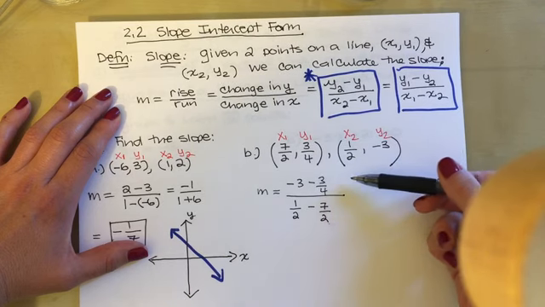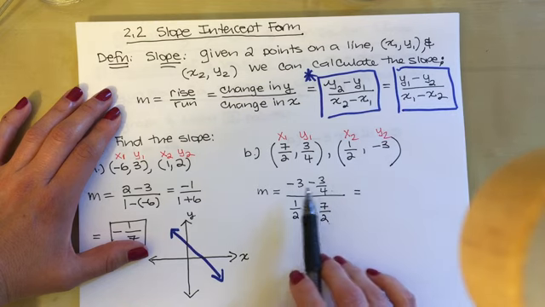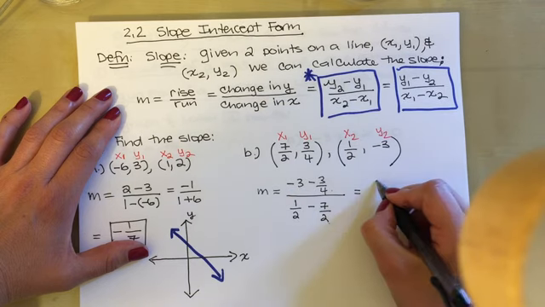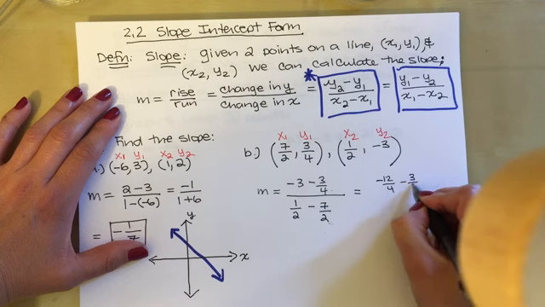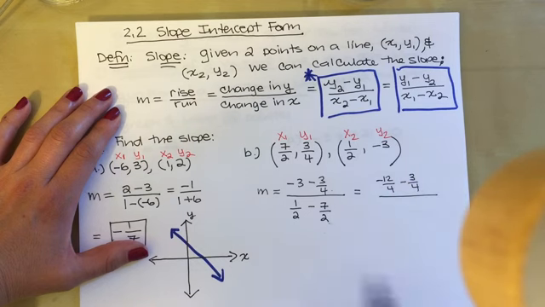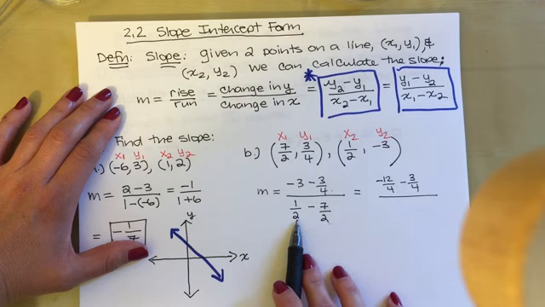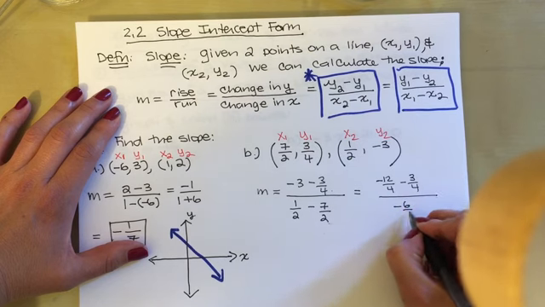So for the numerator, we need to get a common denominator, which will be 4, which tells us we have to rewrite negative 3 as negative 12 over 4 minus 3 over 4. I can subtract in the denominator since we have the same denominator for the fractions. That's going to give me negative 6 over 2.